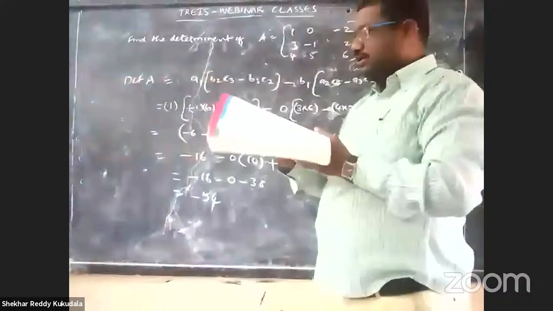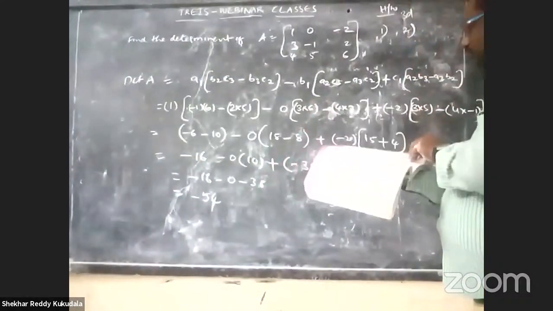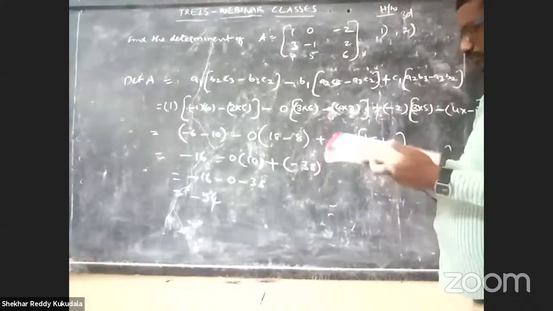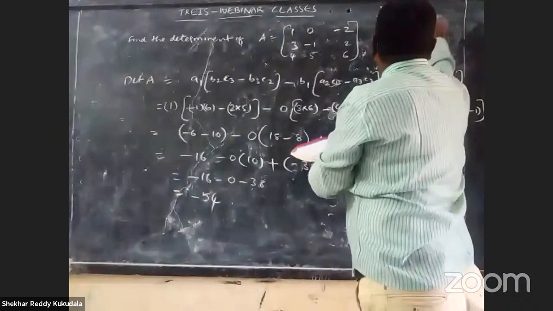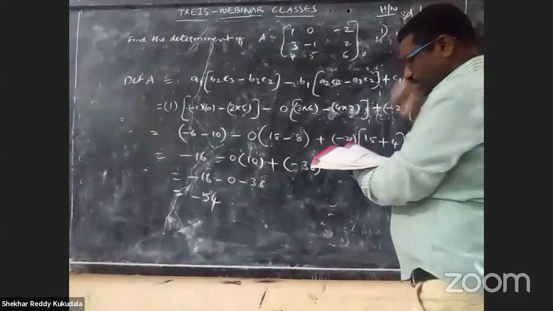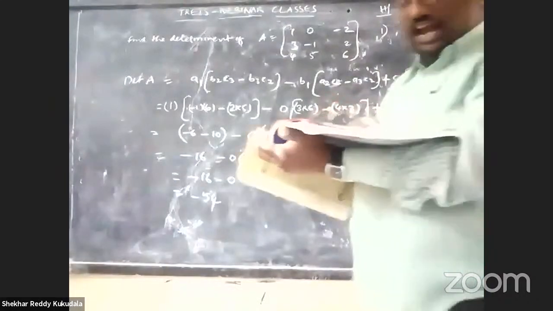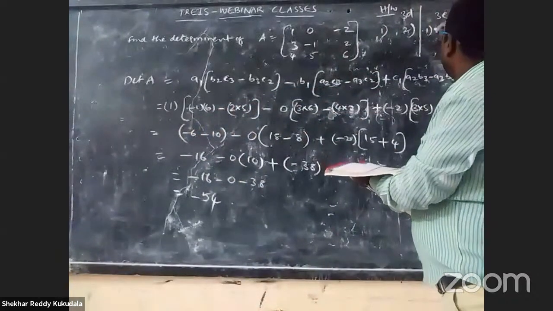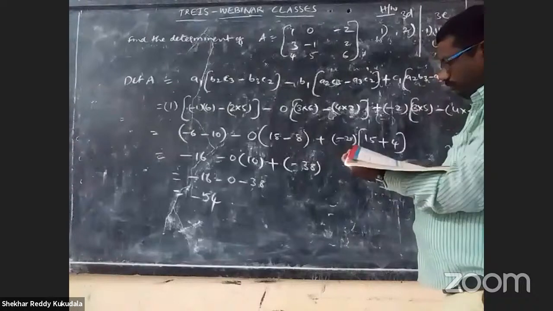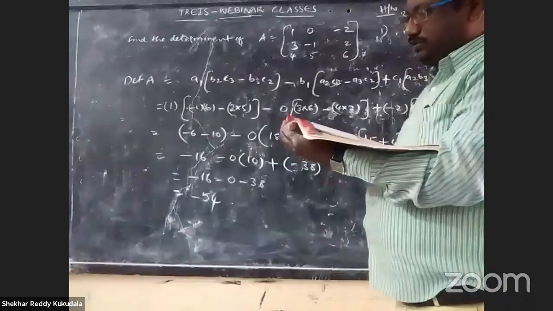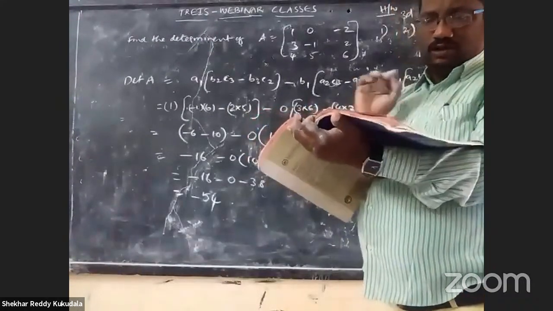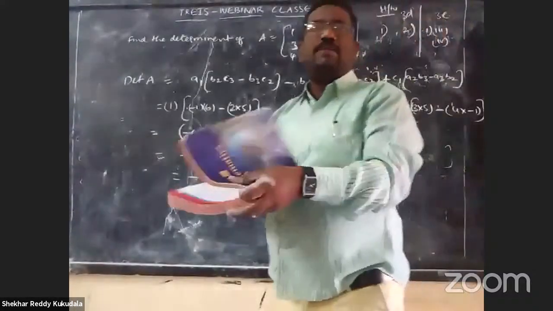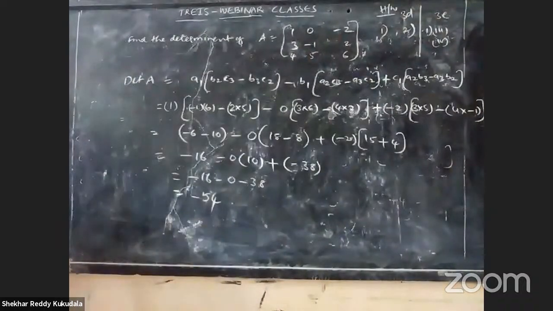Next, Exercise 3E: you need to find the adjoint matrices, first bit, third and fourth. Take up these problems for today's homework, and you also need to proceed with the examples.